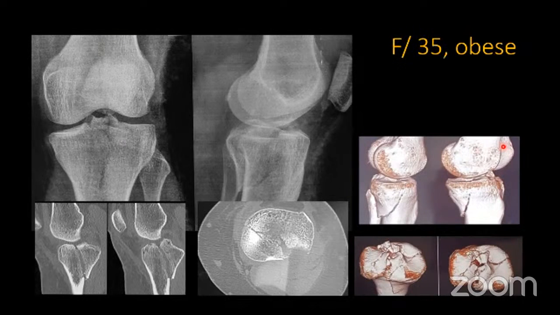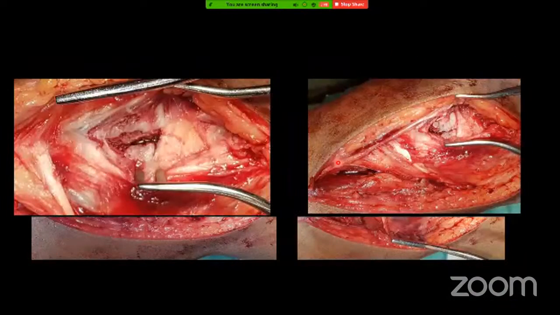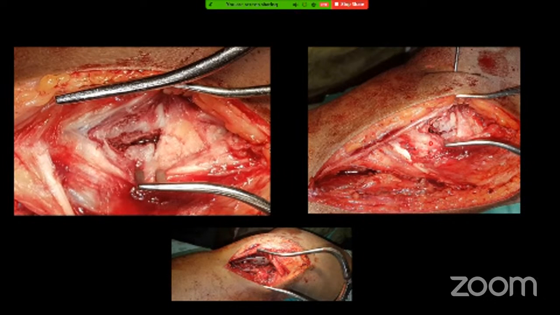So we'll start with a case. In this, you see an isolated posteromedial tibial condyle with a coronal split, and you can see a step on the medial tibial condyle. This is how it is to be done. It is the same supine approach we had done. But while making the posterior window, you also make an anterior window just anterior to the MCL.